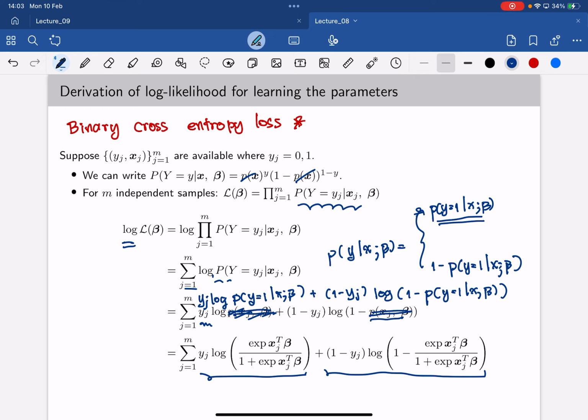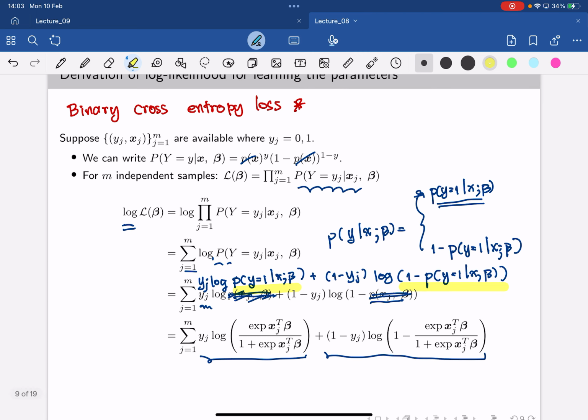And this value y will be the one that determines whether you want to use this probability or that probability. Let's say if the measurement at the j-th sample has a value of 1, that means you should use this probability to represent it, but not this one, right?